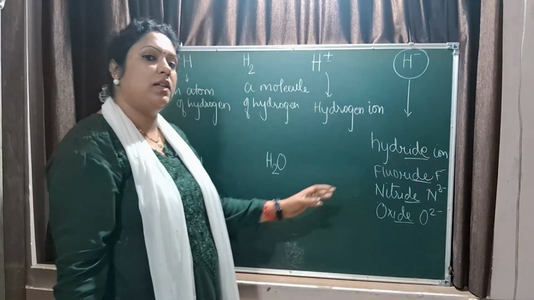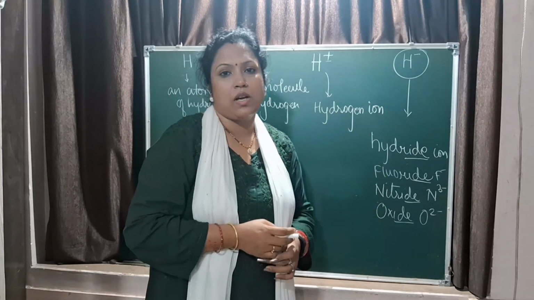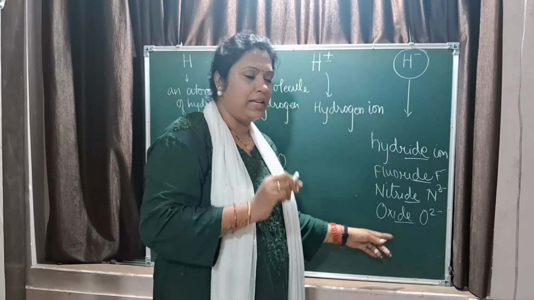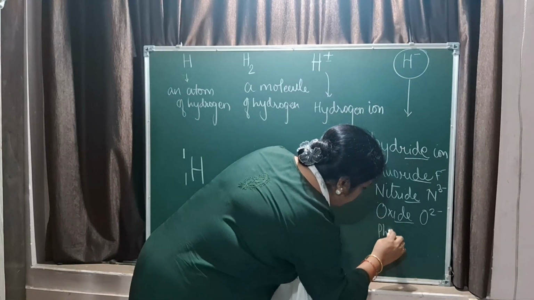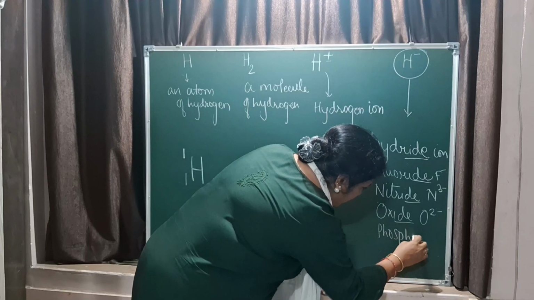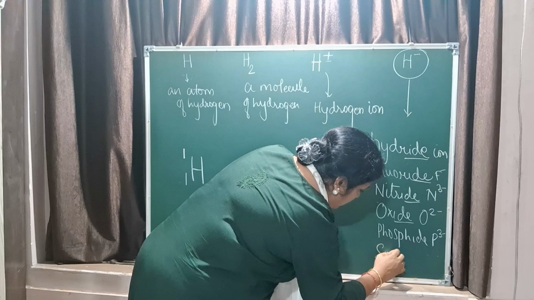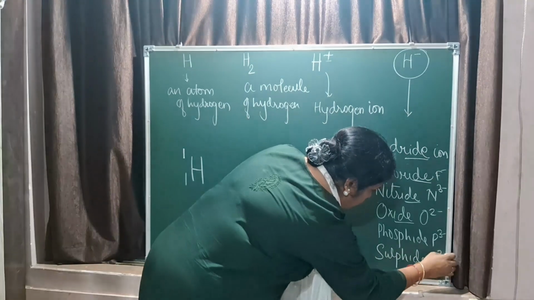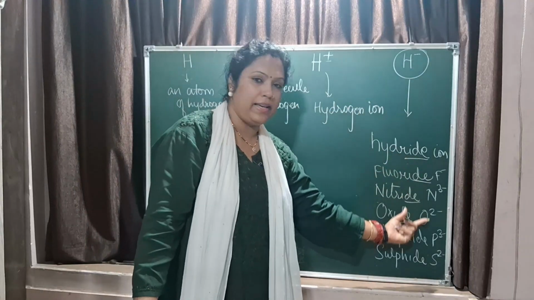It is only in the radical case, that is when you have a group of atoms with a common charge, that we have different words added; otherwise IDE is added. Is this clear? Similarly, phosphide, P3 minus, then sulfide, all IDE, S2 minus. So negative ions are generally denoted as IDE.